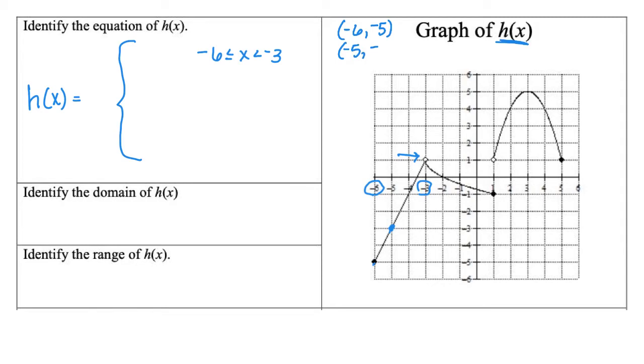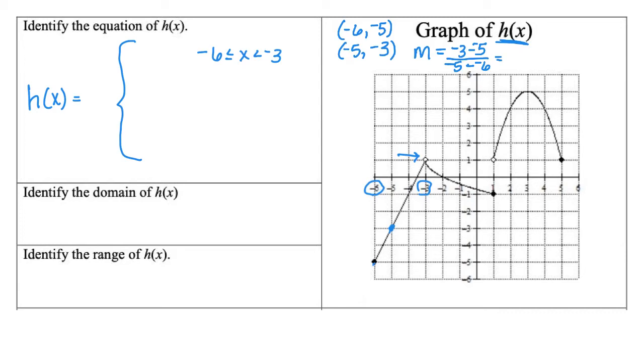So (-5, -3). And so we're going to do our slope. Remember, slope is rise over run, or change in y over change in x. So it's going to be -3 minus -5 over -5 minus -6.